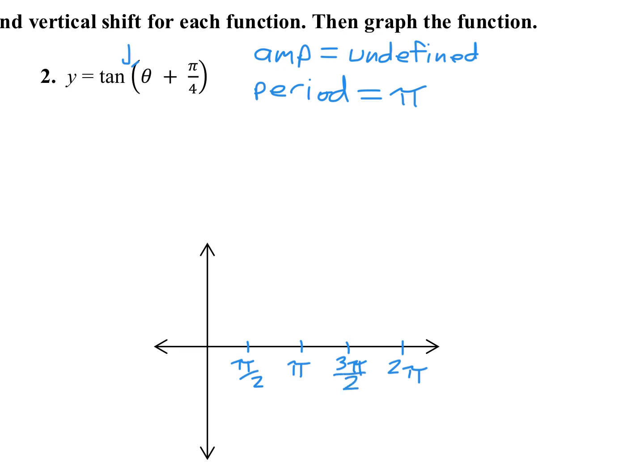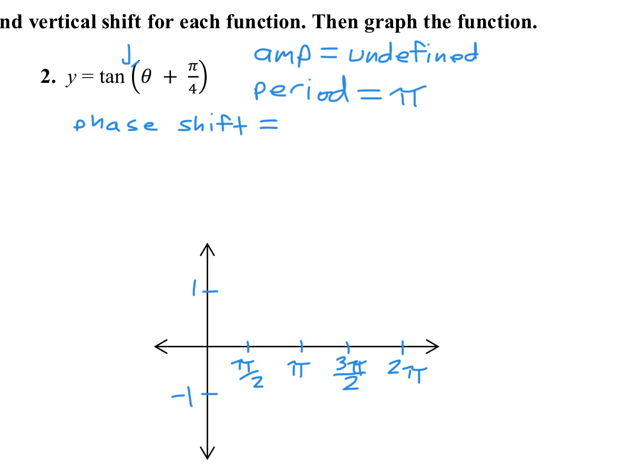And then on the y-axis, even though we don't technically have an amplitude, I want to use the number that's in front of tangent, and then the opposite of that number too. All right, next let's talk about the phase shift. So negative means to the right.